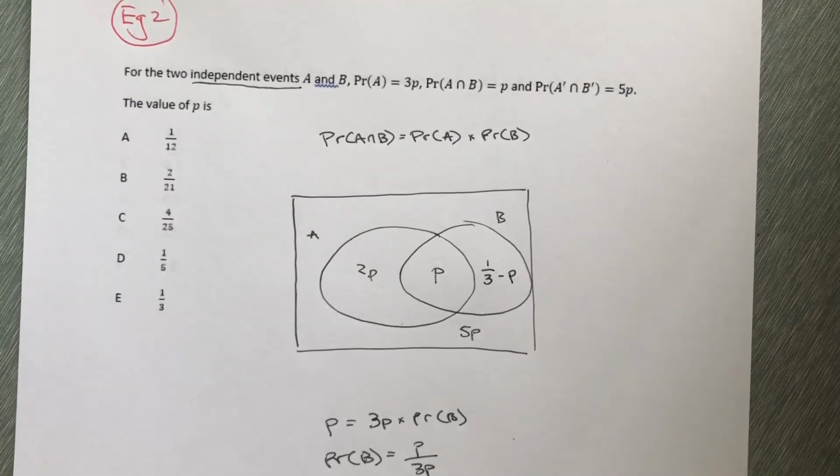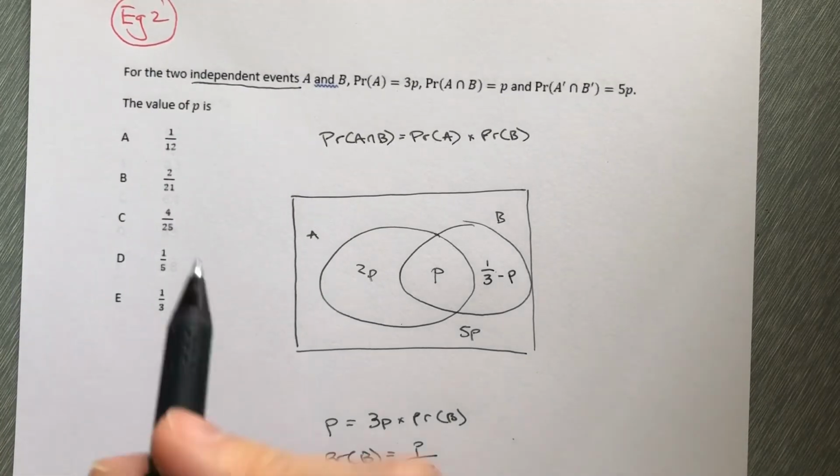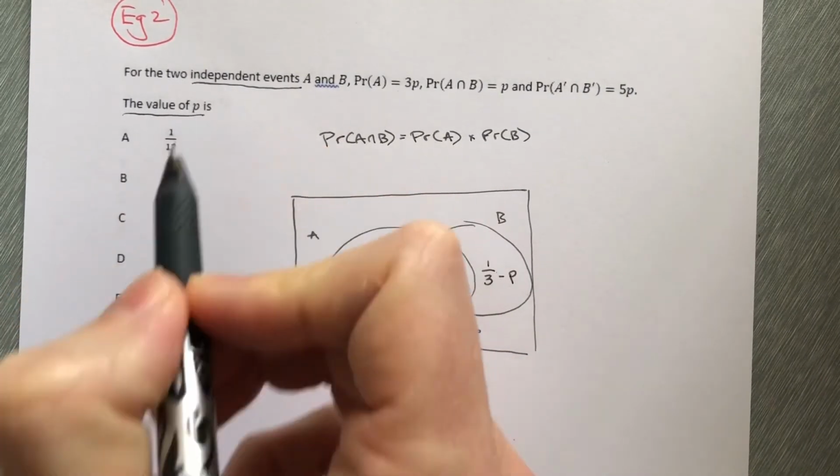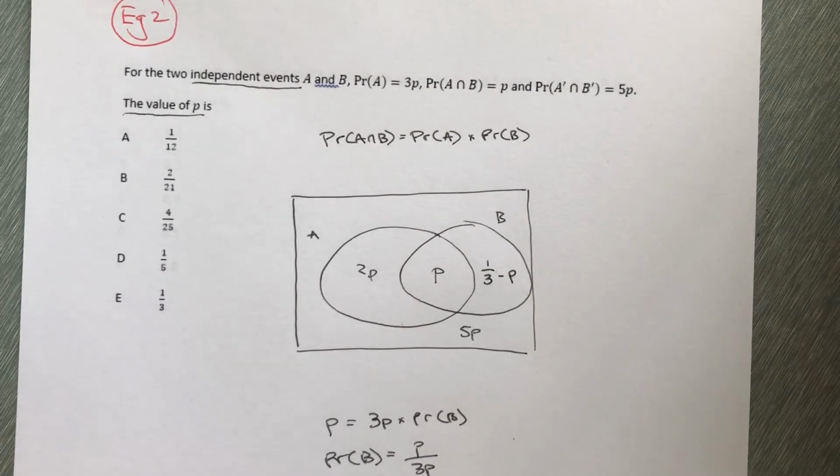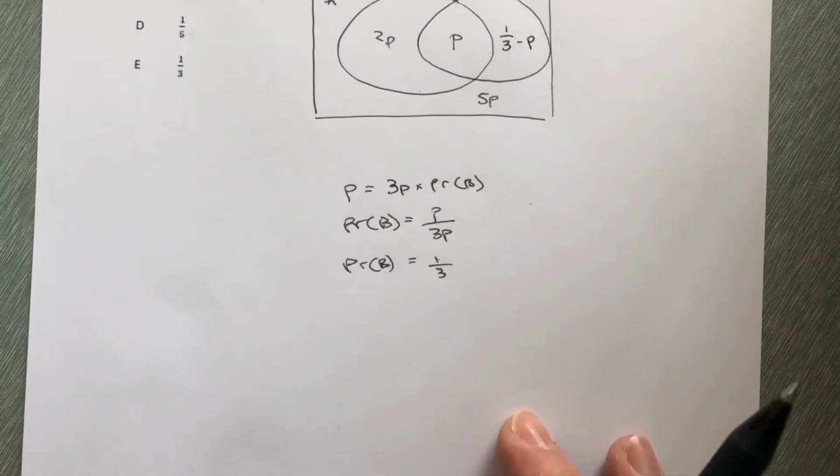Now, the question that's actually asked us is to find the value of p. We can do that because we know that all the probabilities will add up to 1. That plus that plus that plus that is going to equal 1. Let's set that sum up and see how we go.